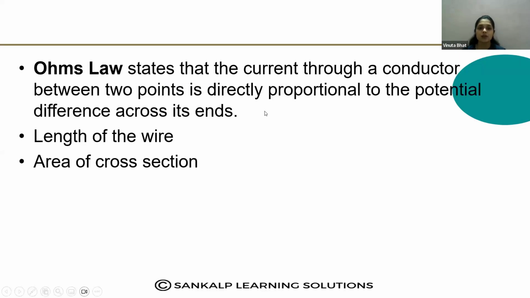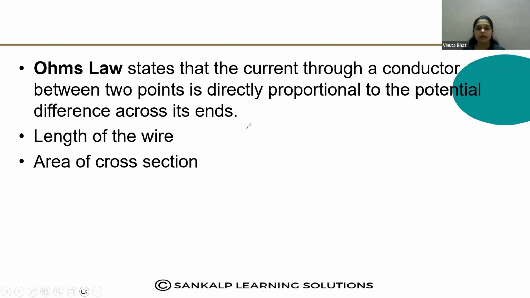Ohm's law states that the current through a conductor between 2 points is directly proportional to the potential difference across its ends. And the resistance of the conductor depends on the length of the wire.